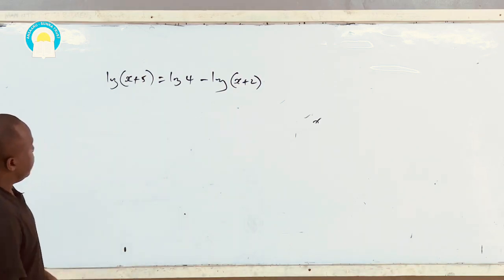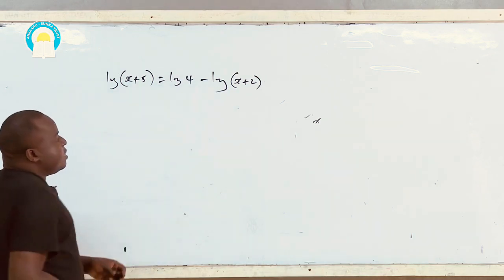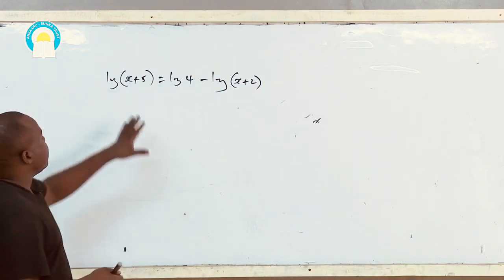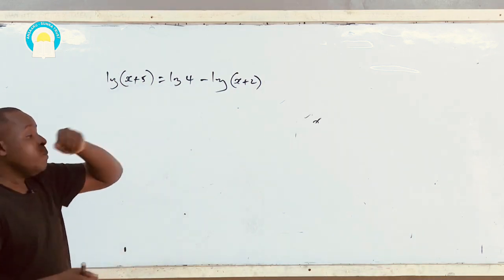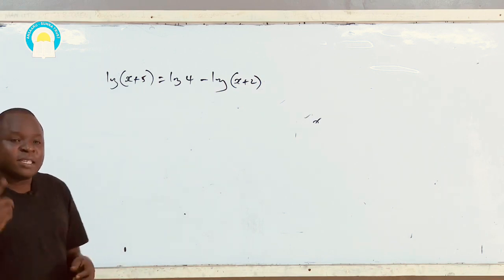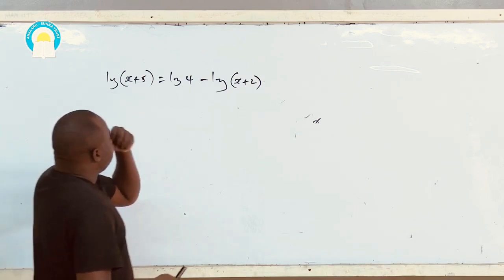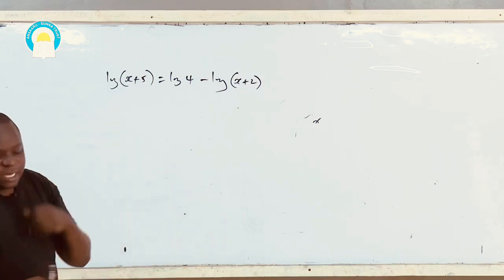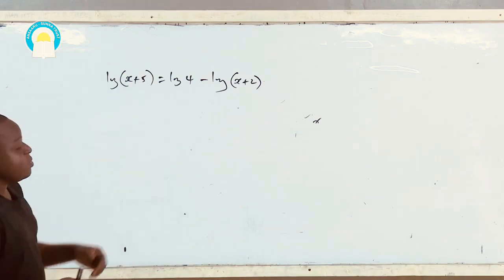Okay, now I'm supposed to get the value of x just like in a normal case. Somebody might think this question is the same as maybe the first example I explained, but listen carefully because there is something that might be different that I need to explain as far as this question is concerned.